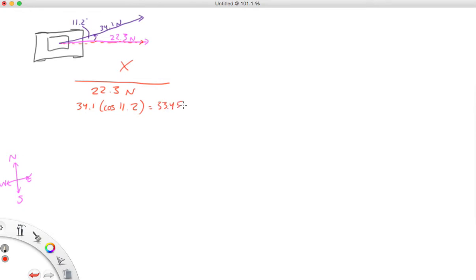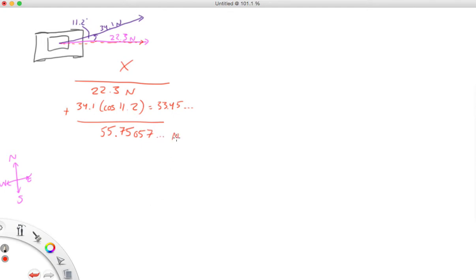You add these two numbers together, and you're going to get a total sum in the x direction of 55.75. Okay, that's the force in the x direction.